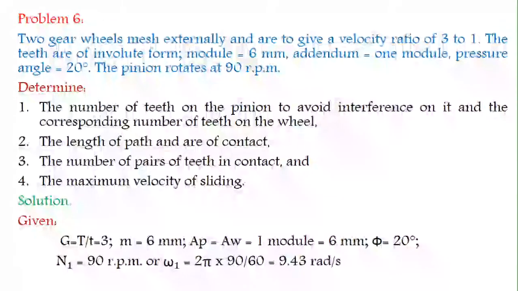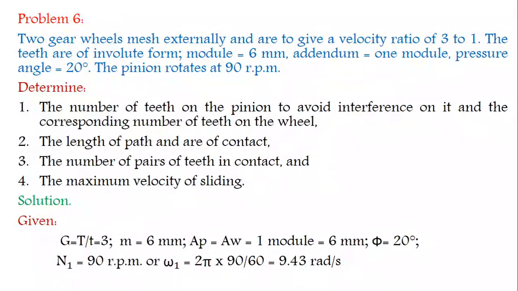Capital T and small t values you have to find first, and the second one is the length of path of contact and arc of contact, the number of pairs of teeth in contact, that means contact ratio. Both are the same.